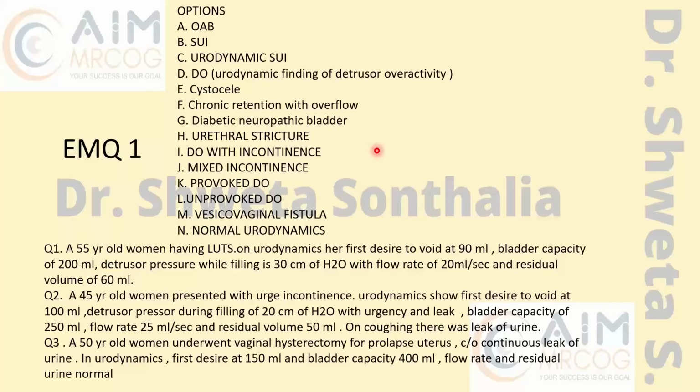Bladder capacity 250. It should be 400 to 600. It's low. Flow rate 25, it's normal. Residual volume is 50, it's okay. On coughing, there was leak of urine. So I think provoked detrusor overactivity should be the answer.